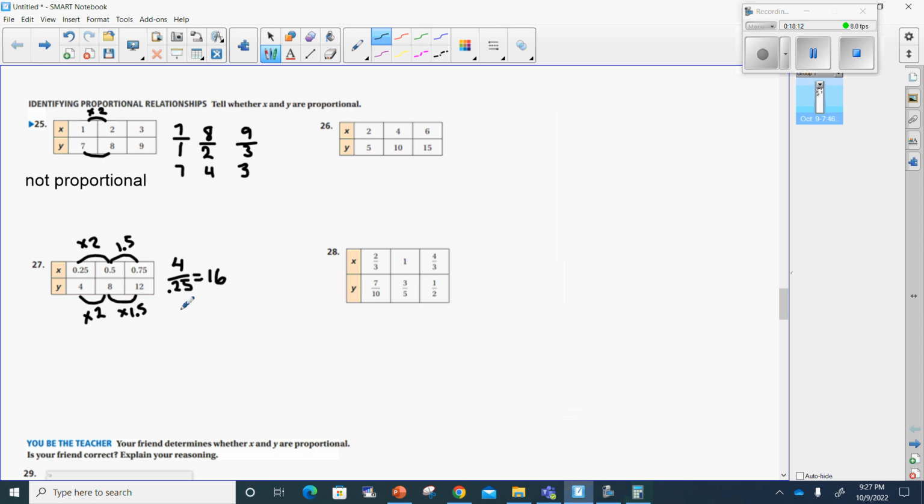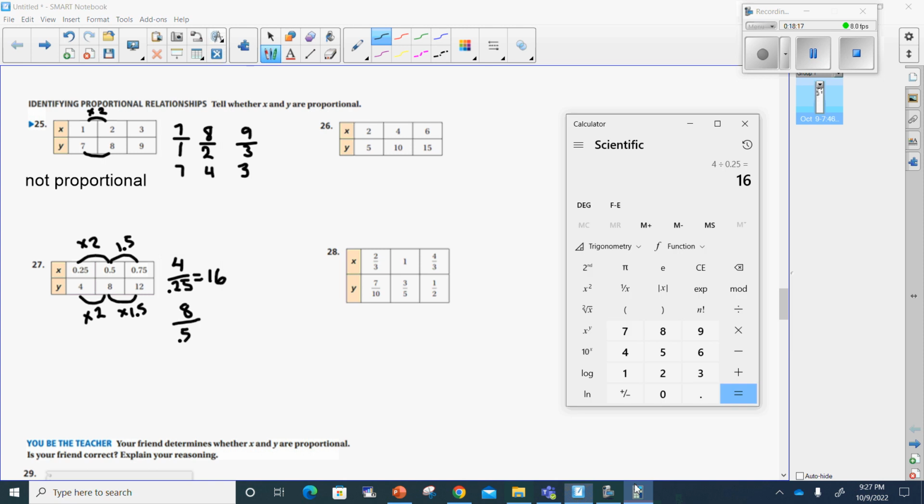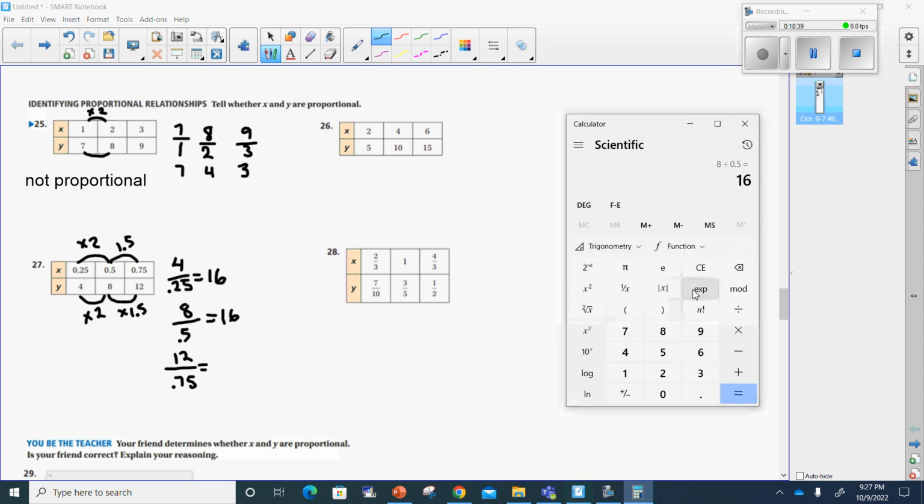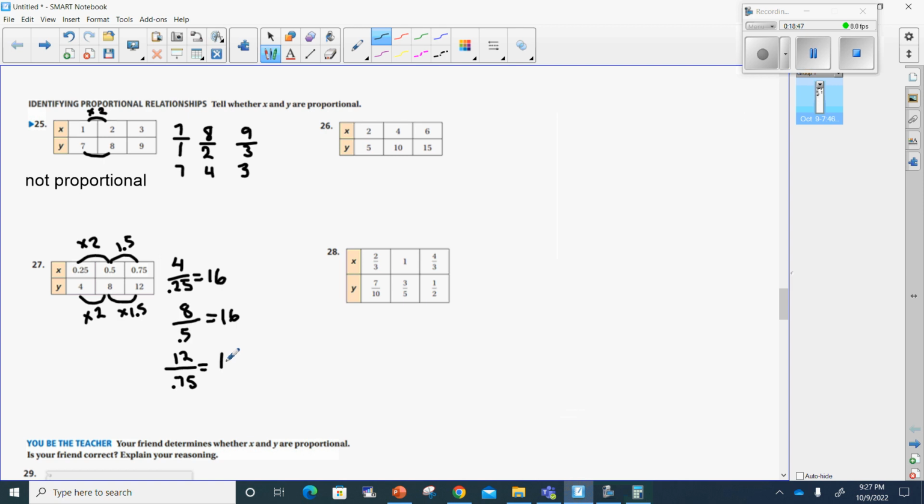Let's try the next one, the 8 over 0.5. 8 divided by 0.5 will also give us 16. Now the last one, 12 divided by 0.75, gives us, again, 16. Every one of these ratios is the same. This is proportional.